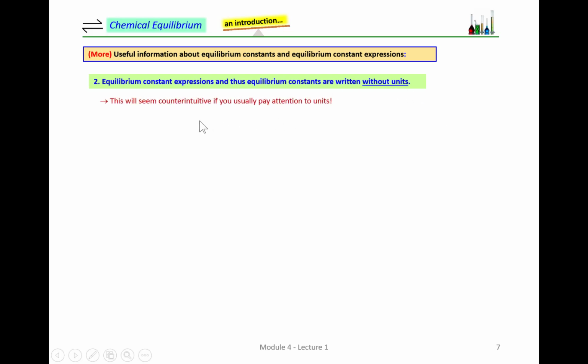Okay, let's get on to more useful information about equilibrium constants and equilibrium constant expressions. Equilibrium constant expressions, and thus equilibrium constants, are written without units. Now this may seem counterintuitive if you usually pay attention to units, but let me show you using our example reaction.